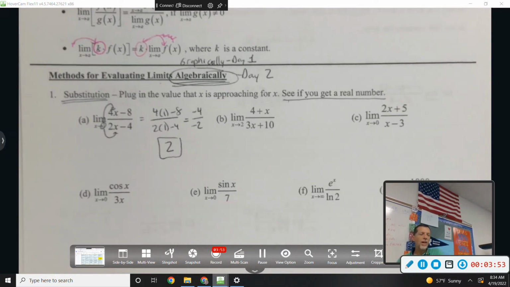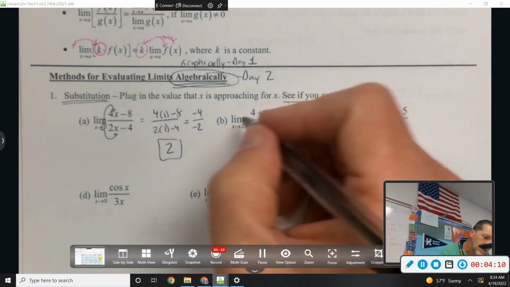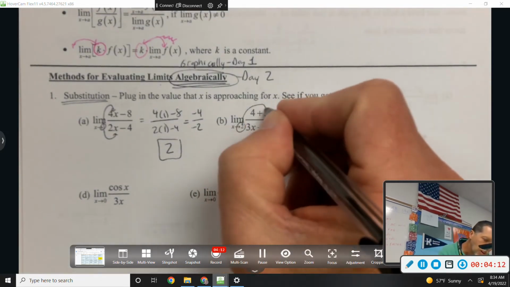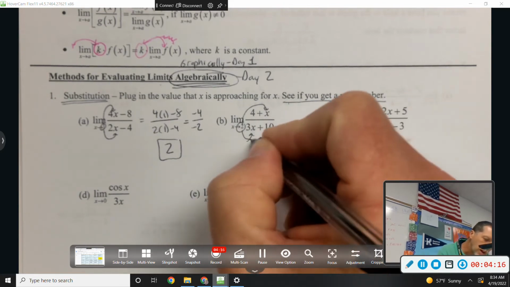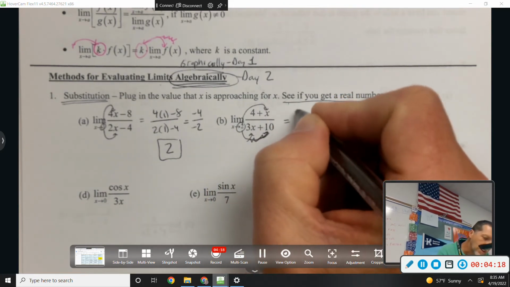So if that seems easy, it is. The trick is we usually rig them so they don't work with substitution. But you have to try it first, because if it does, you're done. And if you skip to the next methods, they're much harder, and you end up doing more work than you need to. So again, first pass on limits is always, just substitute and see what you get.